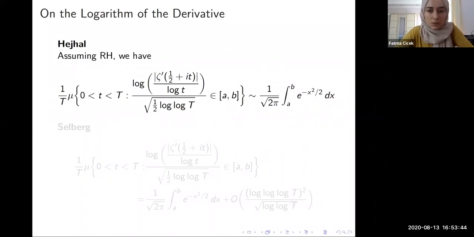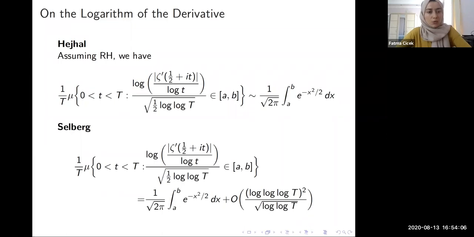This is a continuous result, with the Lebesgue measure here, and he showed, assuming the Riemann hypothesis, that for the logarithm of zeta prime divided by log t, so this time you have to divide by log t, you have a similar central limit theorem. And this was made more precise and also unconditional by Selberg a few years later. Okay, so this is a continuous result.